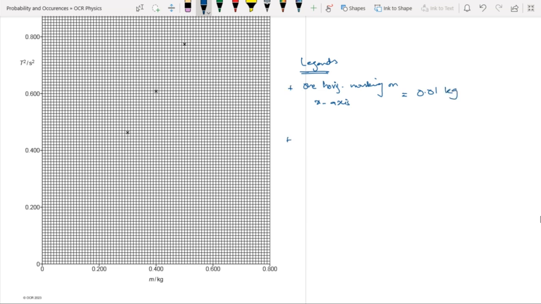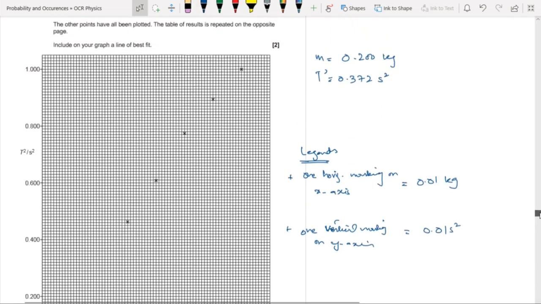Similarly, for the vertical side, there are again 20 markings or square boxes between 0 and 0.2, so one vertical marking on y-axis is equal to 0.01 second squared.